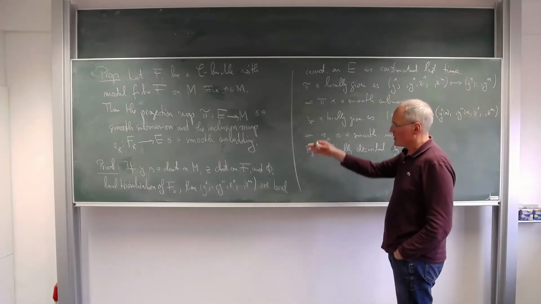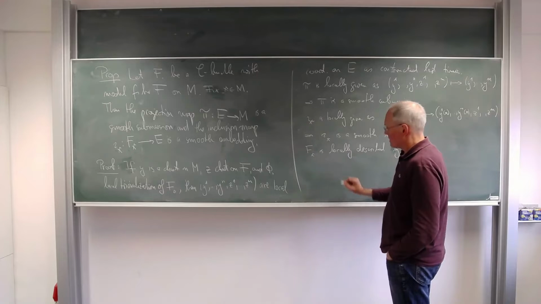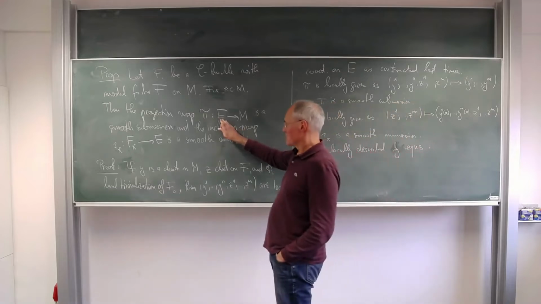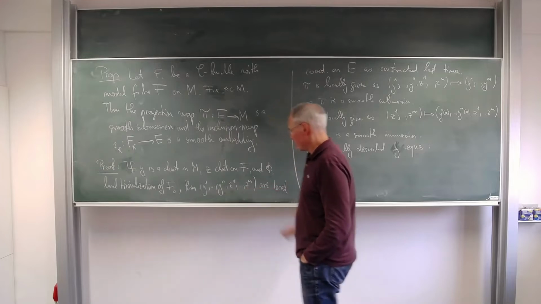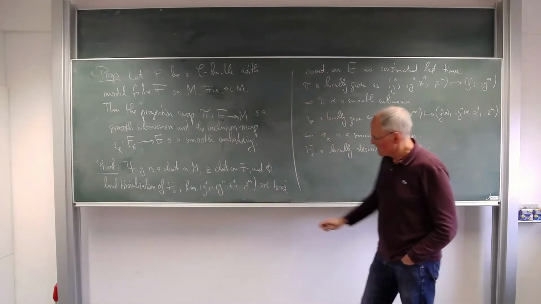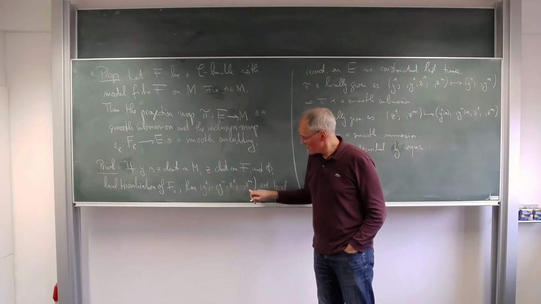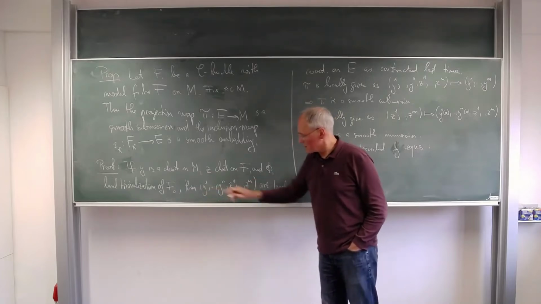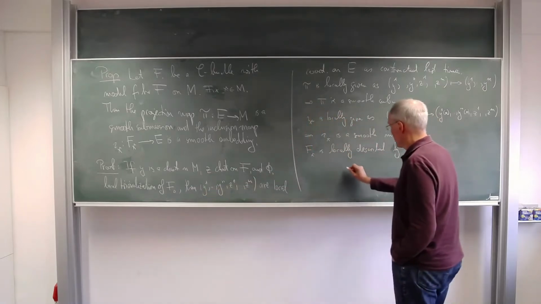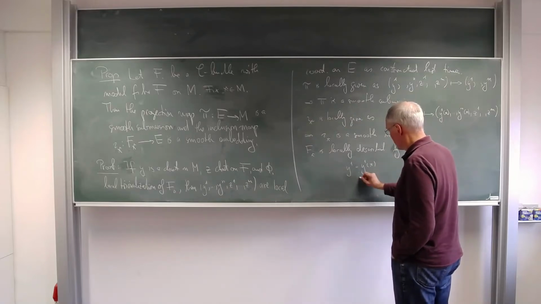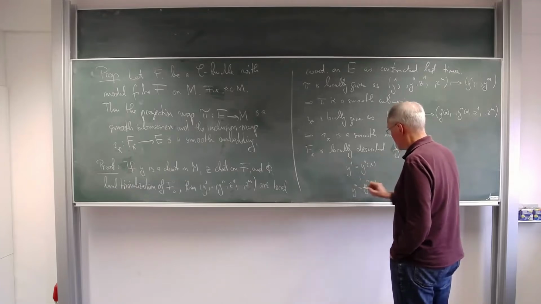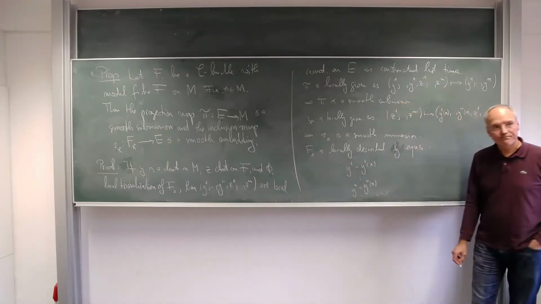As a subset of the total space, which is described by coordinates y1 to yn, z1 to zm, it's described by the equations that these z numbers are unspecified and the y's are given by the point x: y1 equals y1 of x all the way up to yn equals yn of x, by this system of equations.